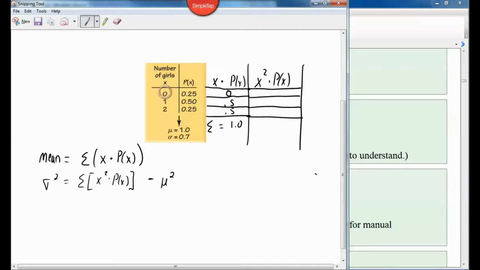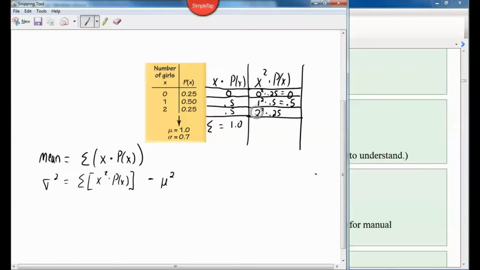So x squared would be 0 squared, and that times 0.25. What is that going to be? Still 0. 1 squared times 0.5. 1 squared is 1. 1 times 0.5 is 0.5. 2 squared times 0.25.